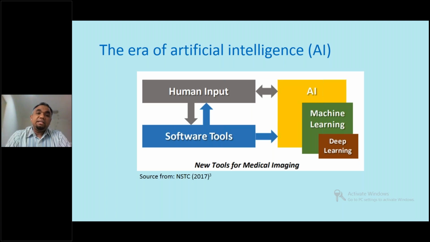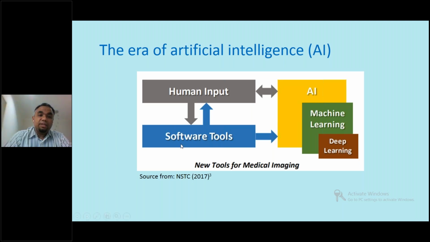Basically, artificial intelligence is the bigger set, with machine learning and deep learning as subsets. Human input comes from the clinician and also from the radiographer, such as the characteristics of the disease and the protocol that we want to use. All this information is from the human.